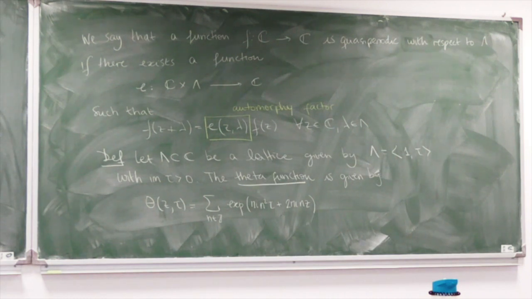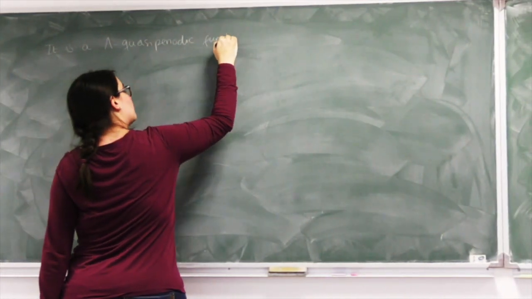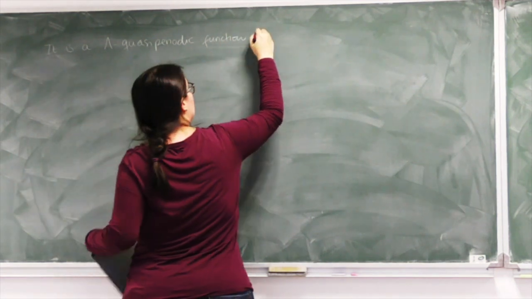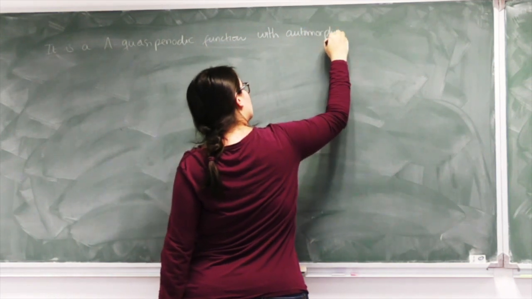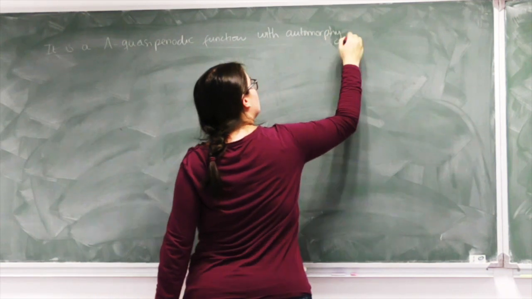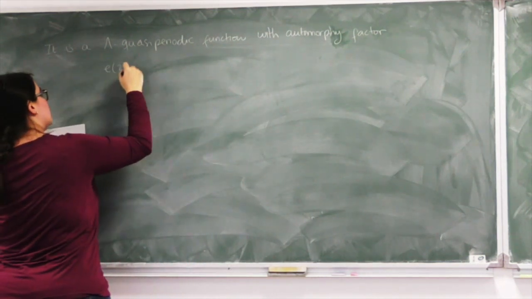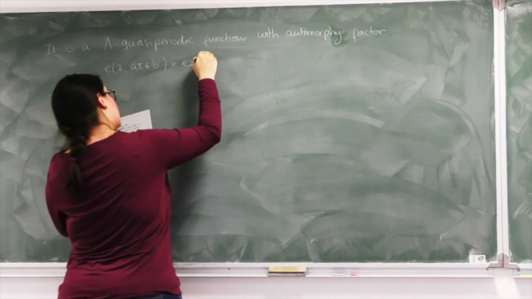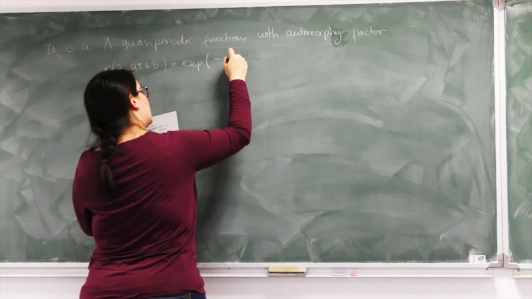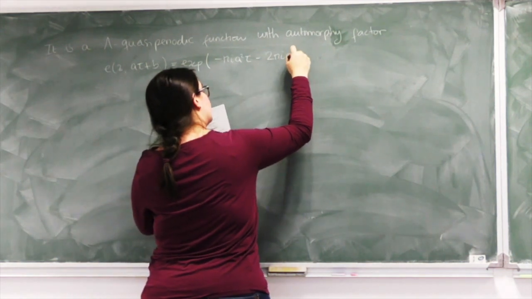It is a lambda quasi-periodic function with automorphic factor E of z, a tau plus b equal the exponential of minus pi a squared tau minus 2 pi a z.